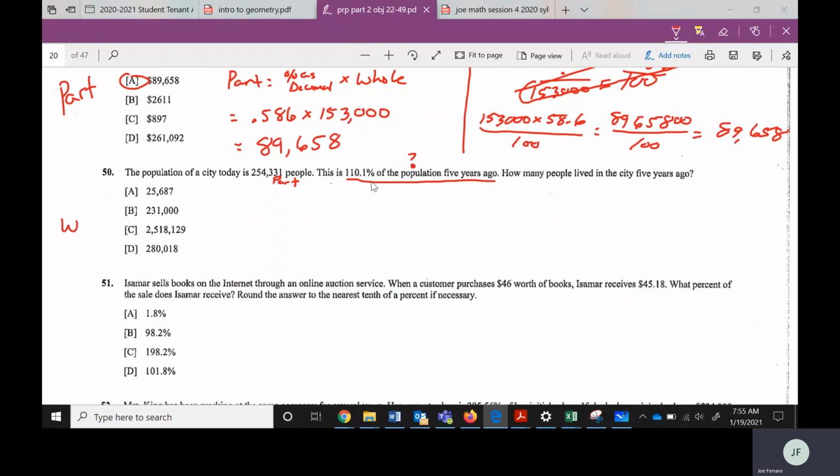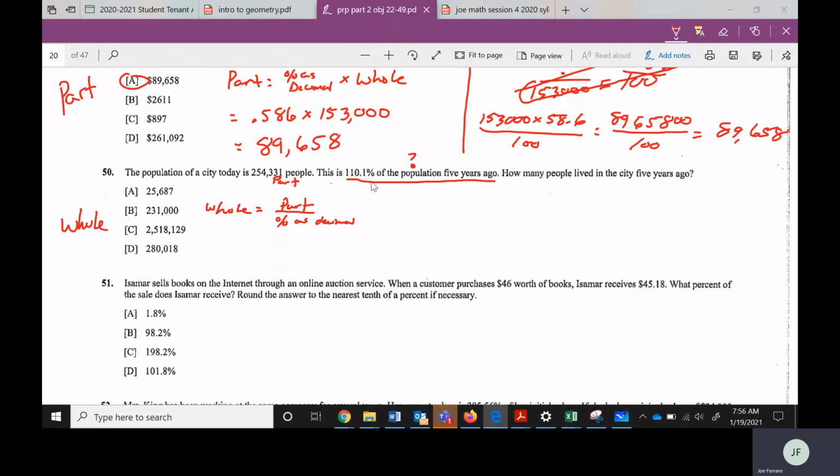And so what we're looking for here is the whole. Okay, so again, review from last section. The whole equals the part divided by percent as a decimal. If I went fast with that, rewind it and listen to that again.